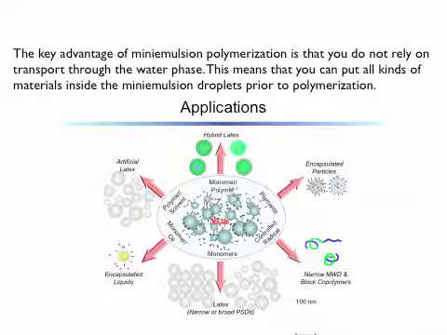Okay. So key advantages of a mini emulsion is that you basically cancel out the transport through the water phase. So each droplet is its own individual reactor. And then your mind can just go crazy because, imagine your droplet is just your round bottom flask.